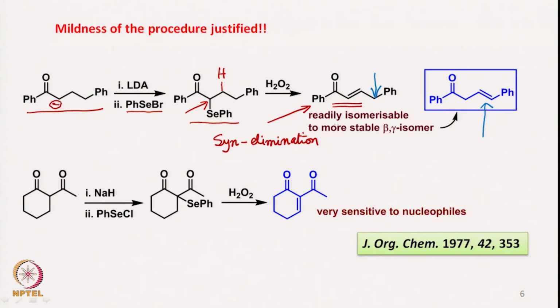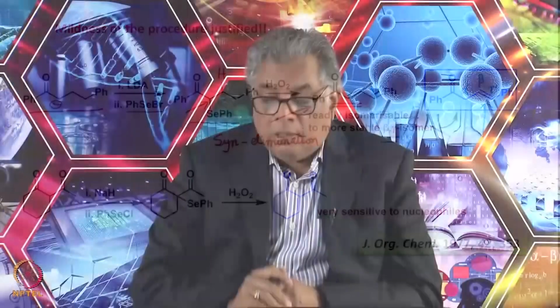So, this particular substrate is very easily isomerizable to the more stable beta gamma. So, this is the alpha position and this is the beta position and this is the gamma position. So, one can do such an isomerization if one needs it.